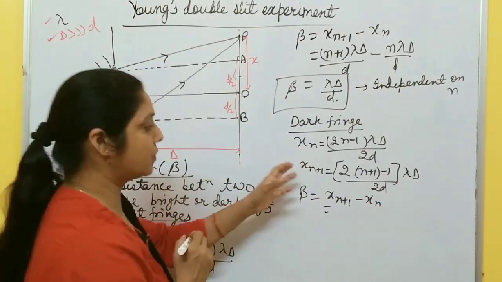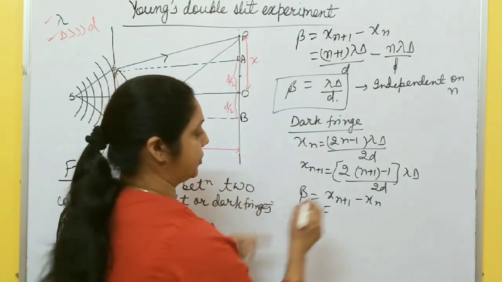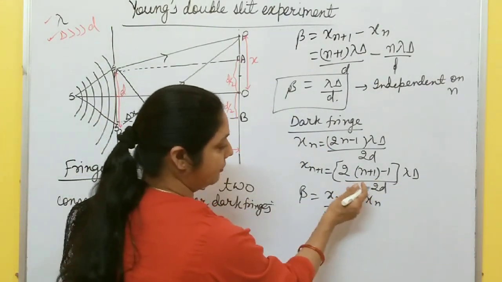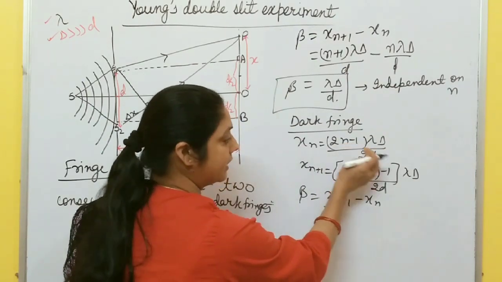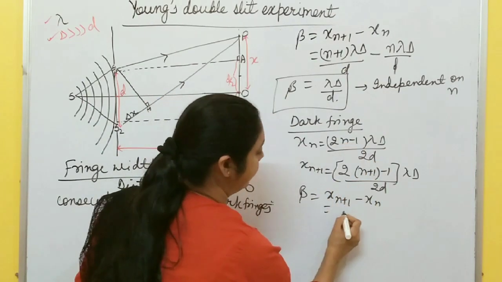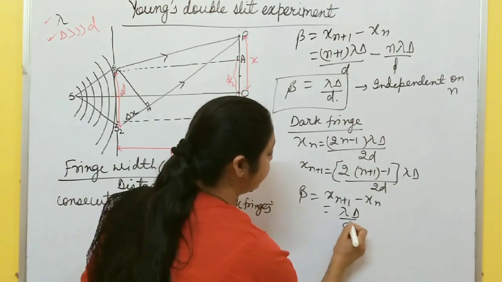When you calculate this, again you get the same expression. You just calculate it by yourself. This minus this, these two cancel, the 2n term cancels, and again you get lambda D by d.